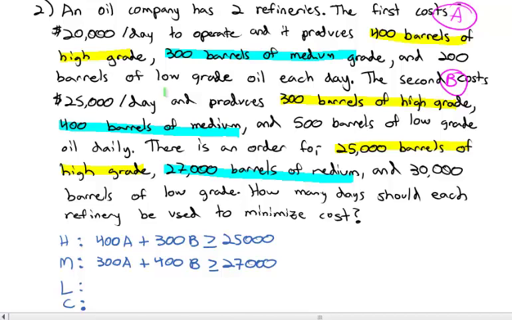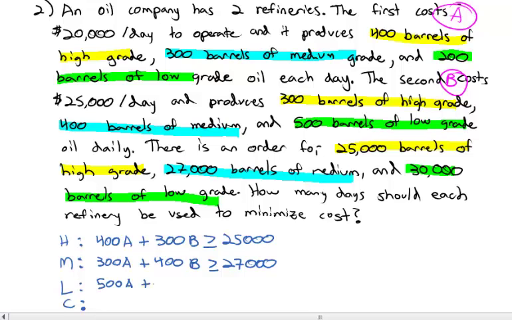With the low grade, we need 200 barrels from A and 500 barrels from B with a minimum of 30,000.